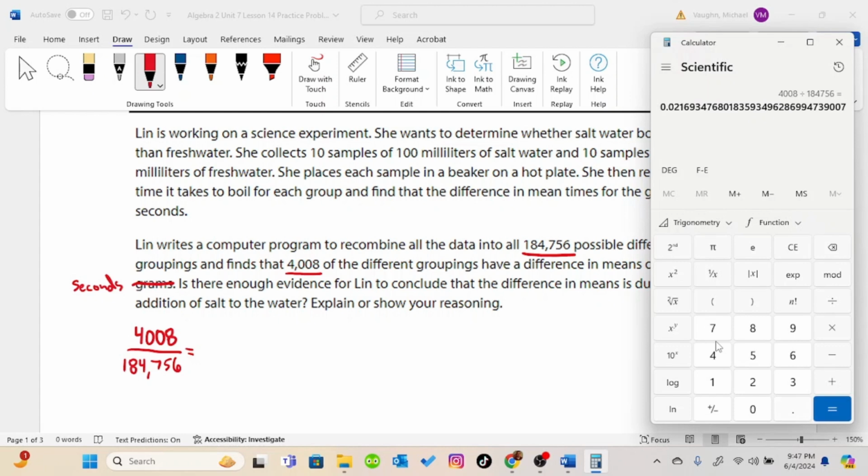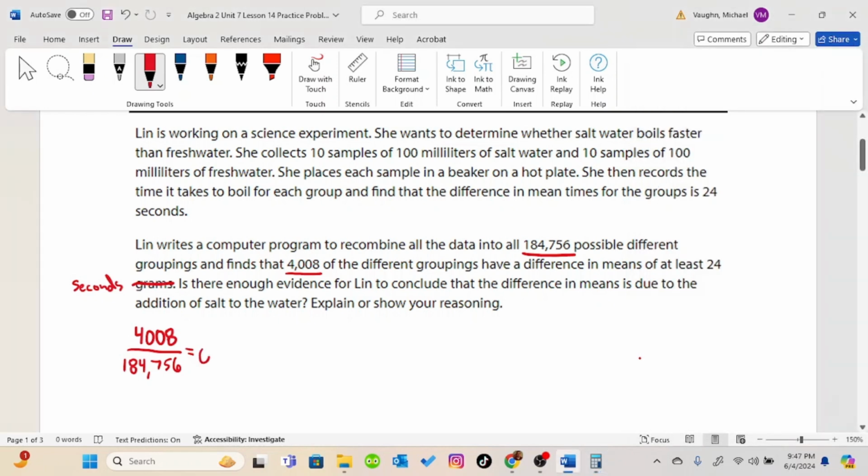And this is a proportion of 0.022. Or, if we want it in percentage, that is 2.2%.